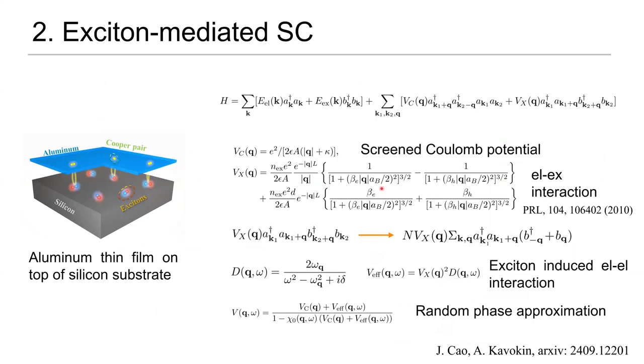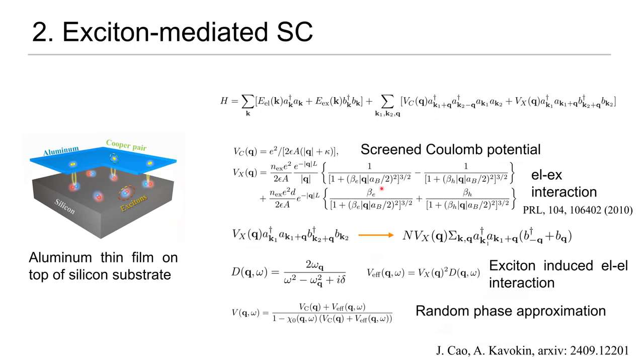My question is, is it possible to use optics, just to measure optical absorption when light passes through this system from the silicon side, in order to find evidence of the existence of excitons?